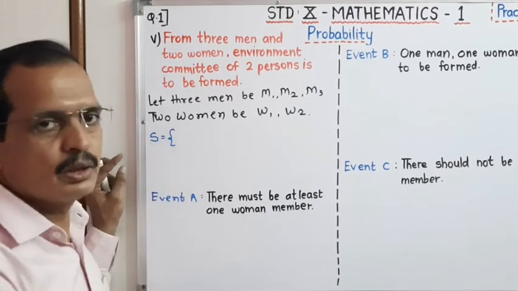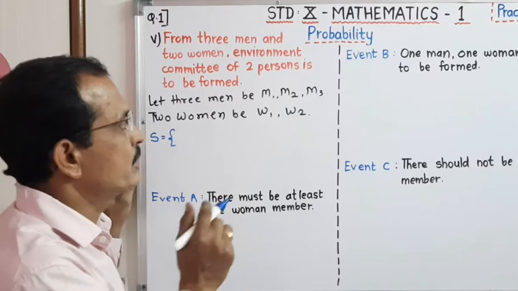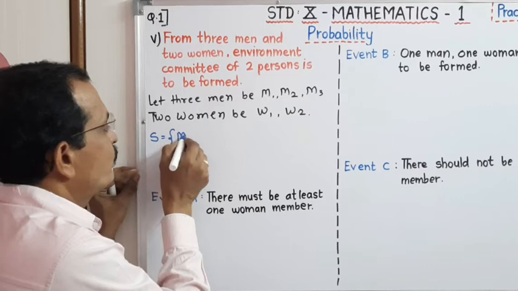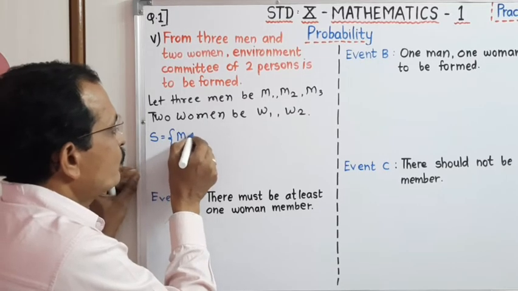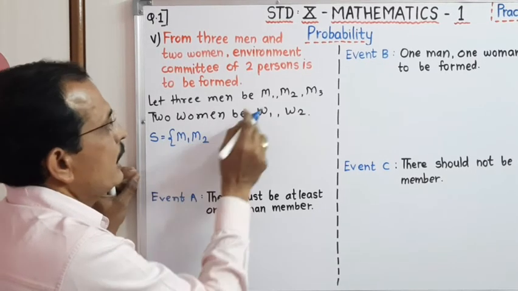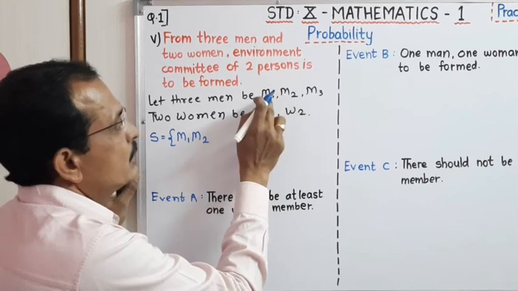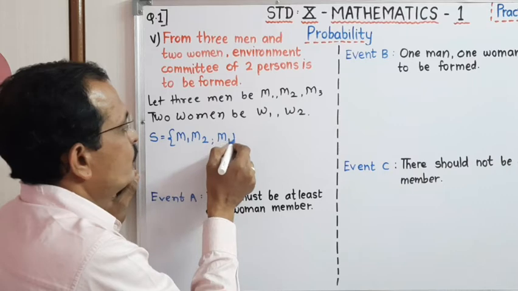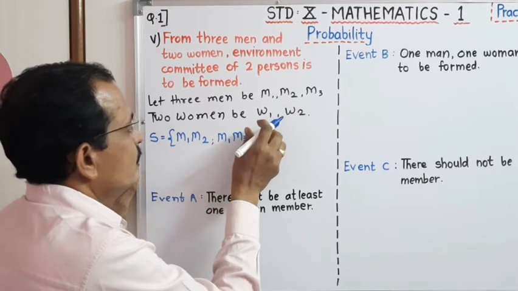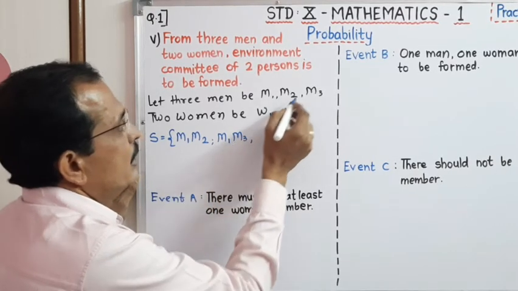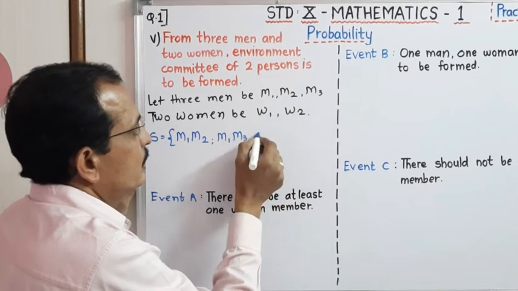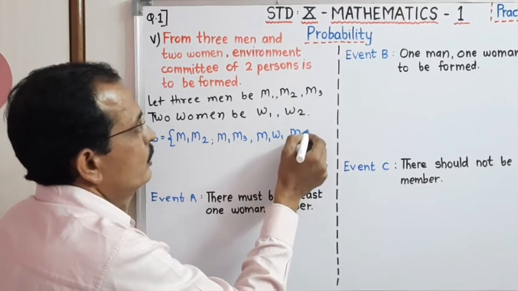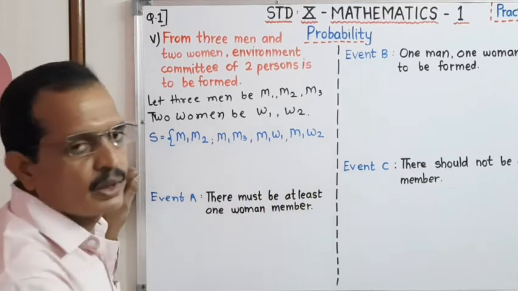Now, dear students, how to write the sample space for this? This M1 with this M2. Therefore, we have to make the committee of 2. Therefore, it is M1 with M2, M1 with M3. Then M1 with W1 and M1 with W2.